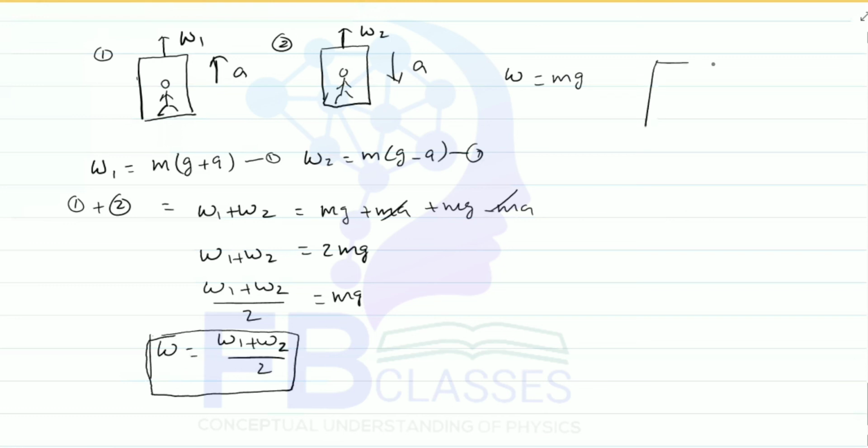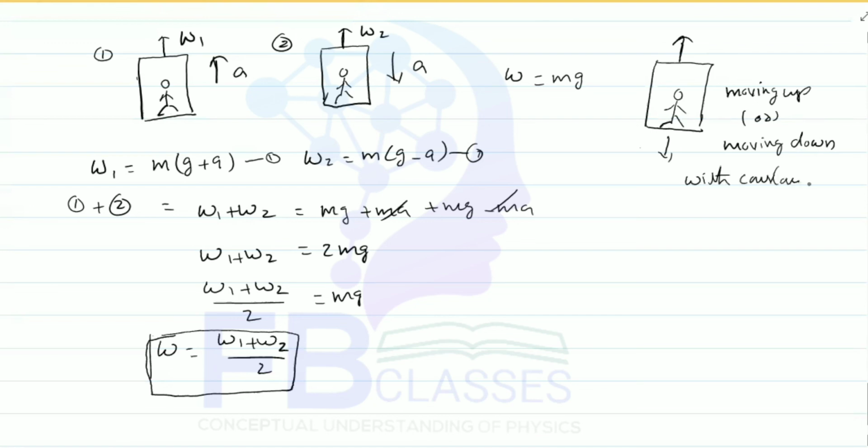See here now. If the lift is moving upward or downward with a uniform velocity, then what will the apparent weight be? If it is going with uniform or constant velocity, what will happen?